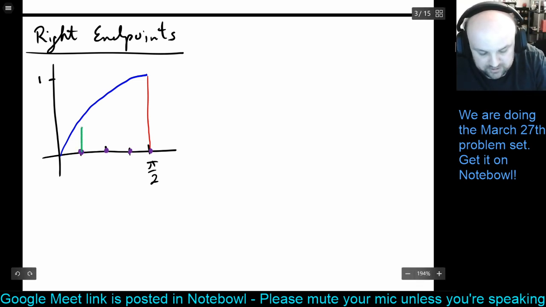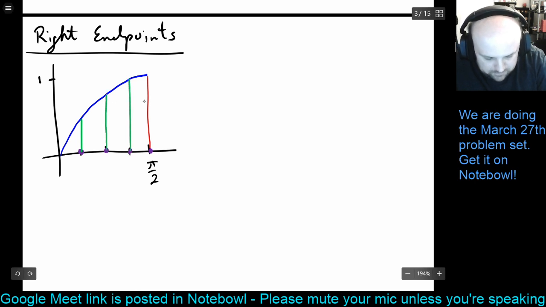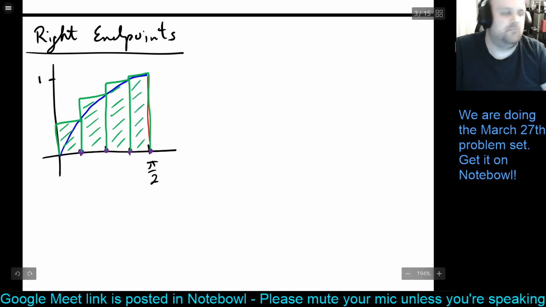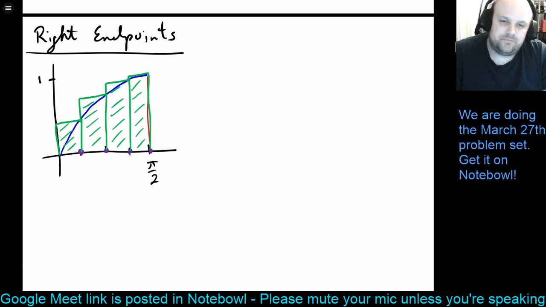So from here, we draw a line up, a line up, a line up, a line up. Then I'm going to draw this over and down, over and down, over and down, over and down. So here we have our 4 rectangles with right endpoints.